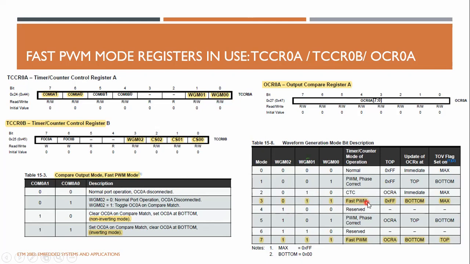You can see fast PWM. And the top value, typically we are using the maximum value of the timer, that is 255. You can also use OCRA value, but that is not used in most applications. We are using this one. This is the compare value that you're using in OCR0A.